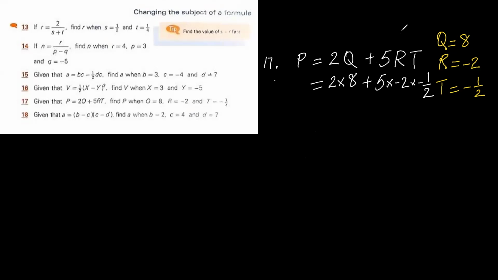The value for T is -1/2. So it's 5 times R times T. Because when we started off today, I told you all RT means R times T.